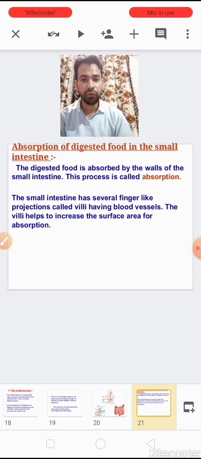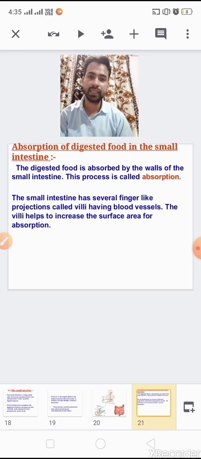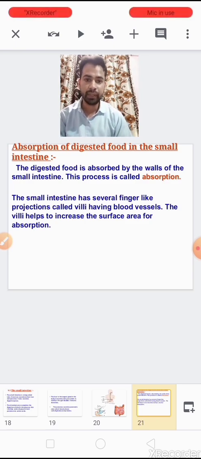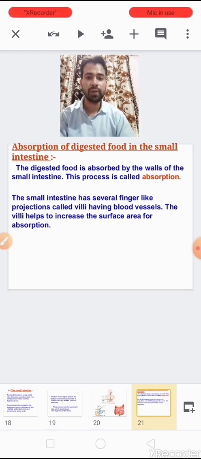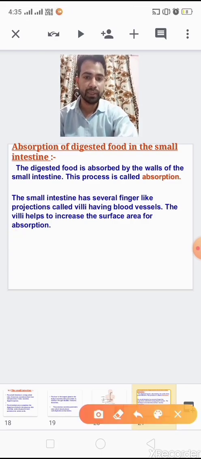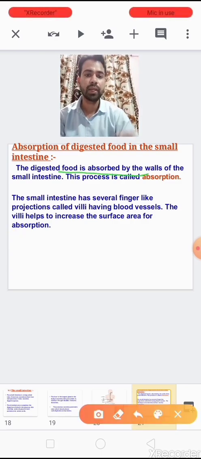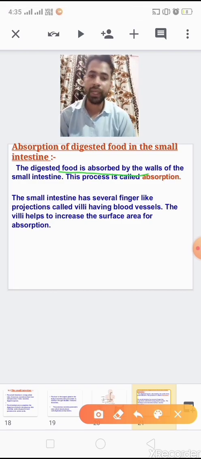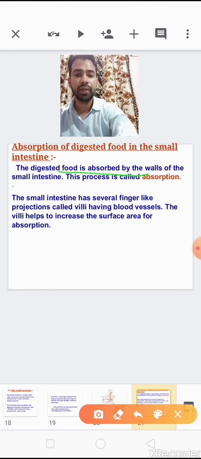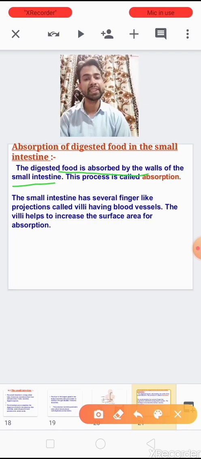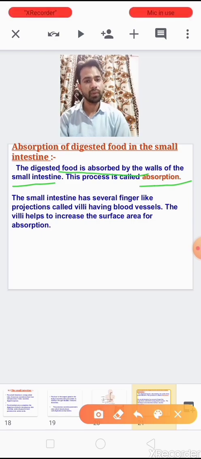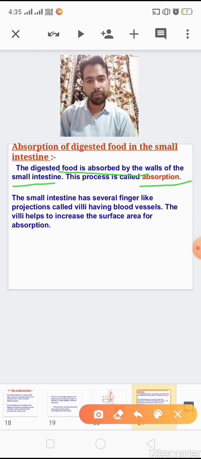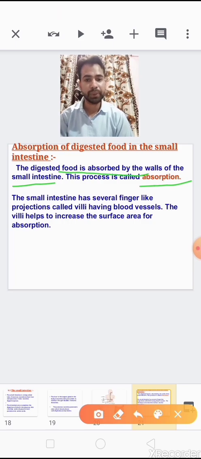The food that is digested in the small intestine and stomach is absorbed by the walls of the small intestine, and this process is called absorption.